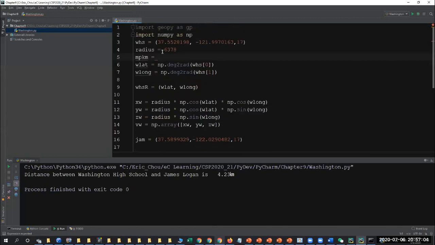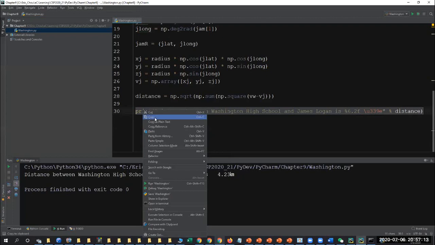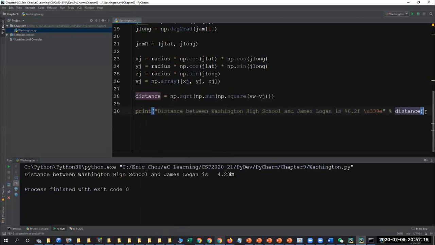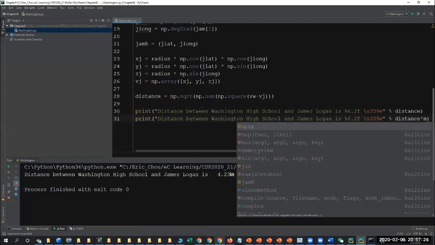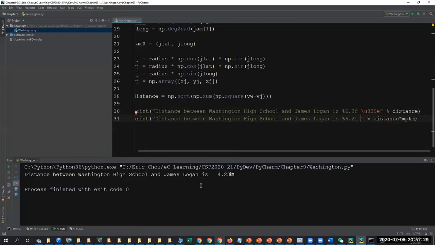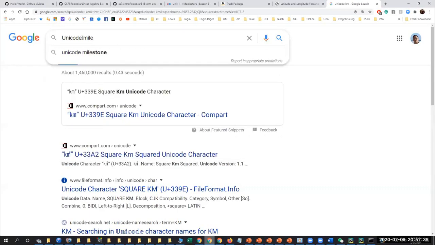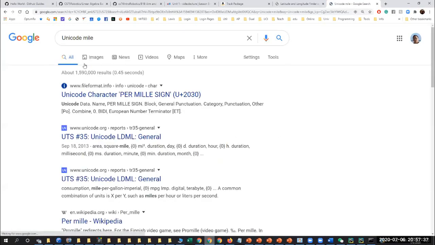So let's put it here per kilometer. This one actually, copy. This one is distance times mile per kilometer. And the unit changes to mile. Per mile sign, okay.